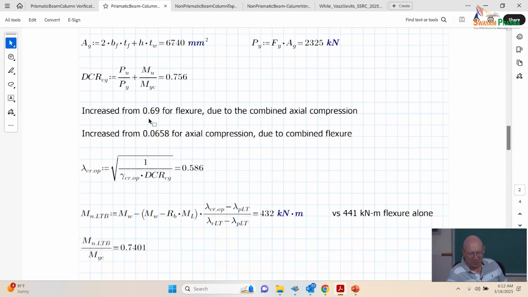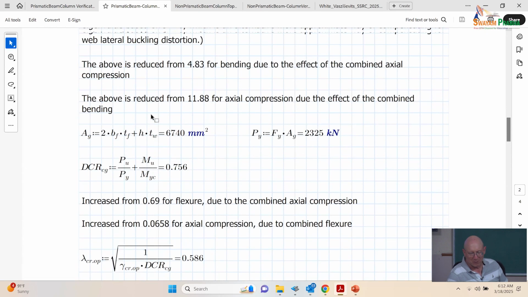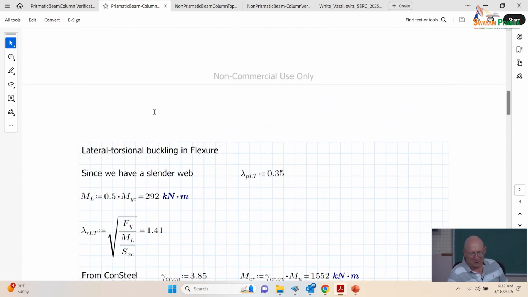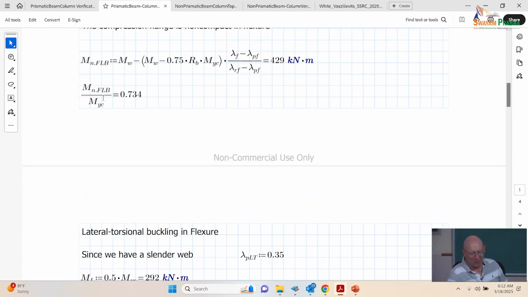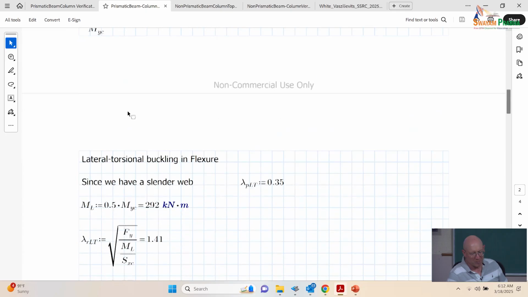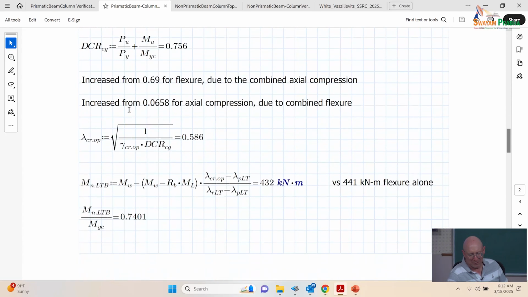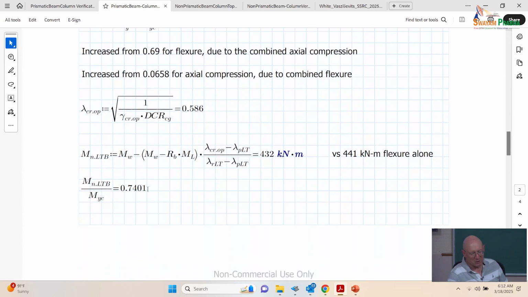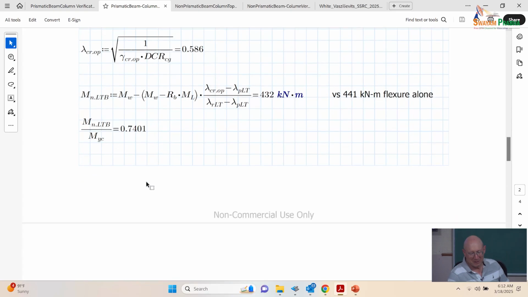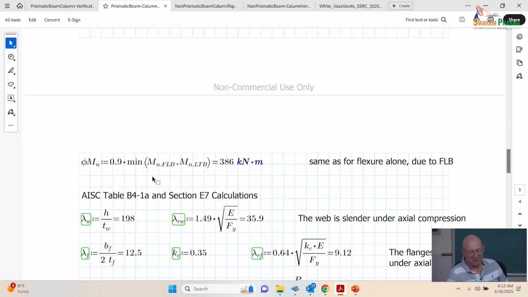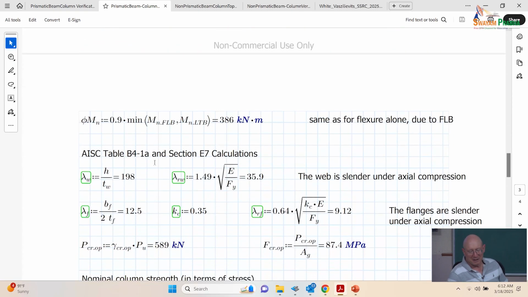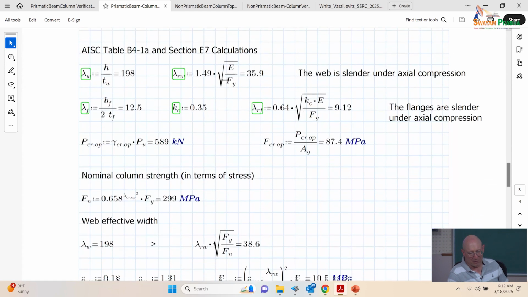Still could have shown you where we are with respect to flange local buckling. So if I scroll up here, flange local buckling to MY was 0.734. And now we've got a lateral torsional buckling strength. That's okay, it's 0.74. So flange local buckling is still just barely controlling for this prismatic case. All right, so that's the flexure.